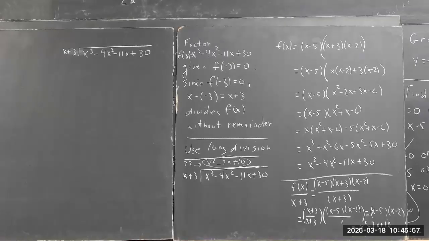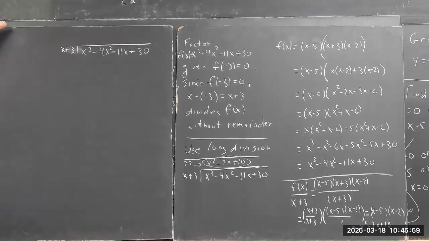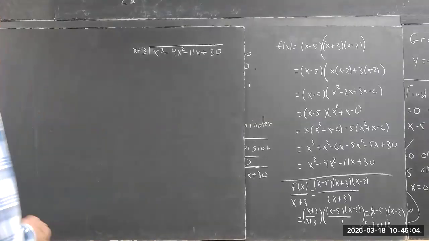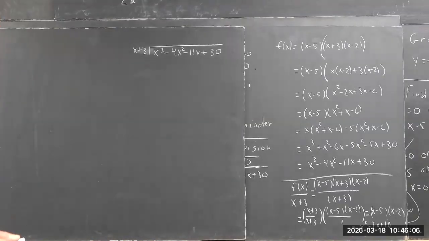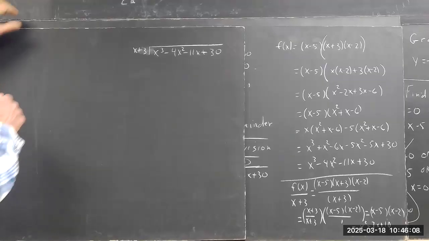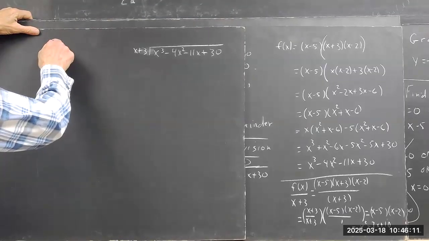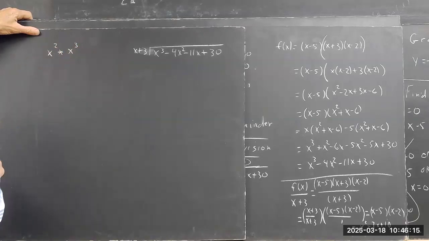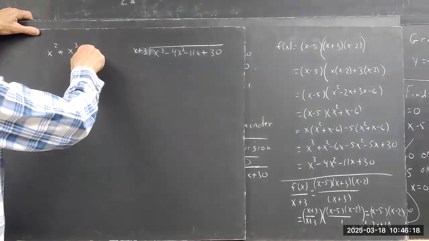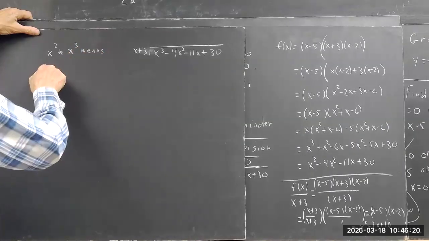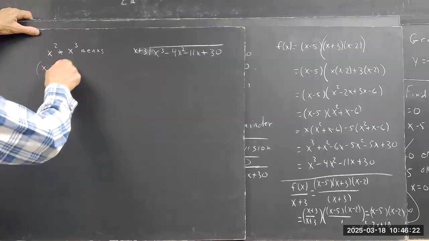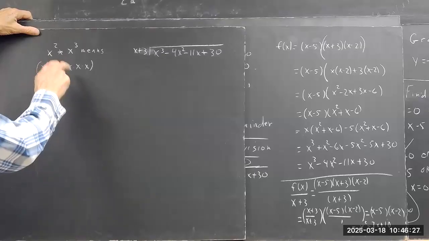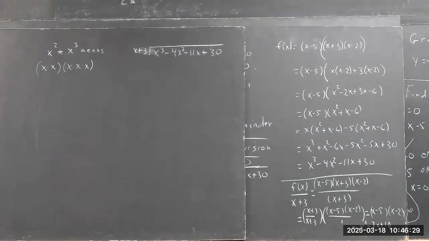Okay, now we did okay with this, but people are pretty rusty often with how to multiply exponents. For example, x squared times x cubed means what? x times x multiplied by x times x times x, right?